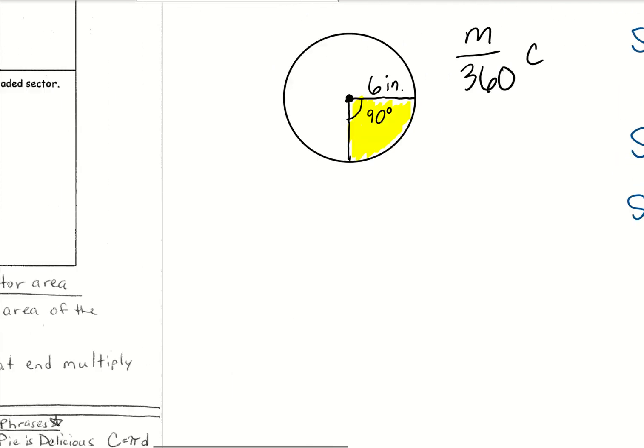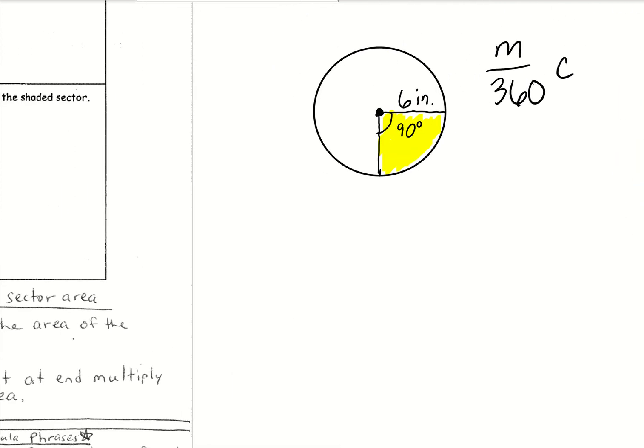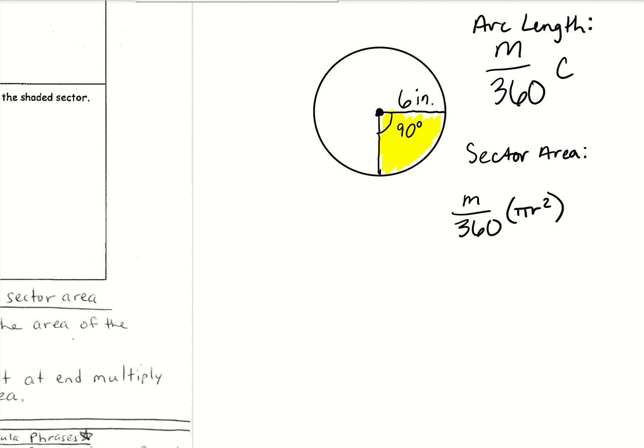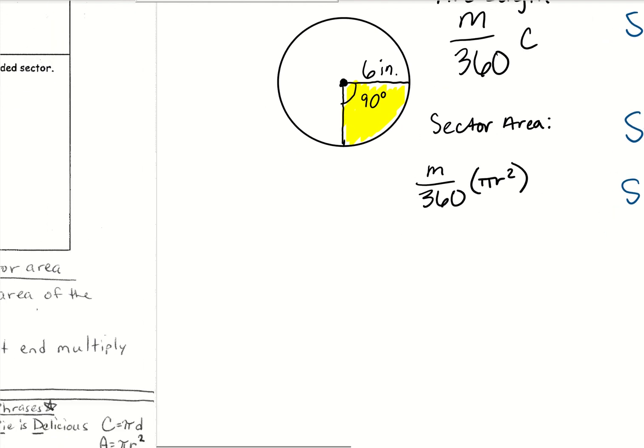I'm going to use this circle again, just like I did yesterday. But now we're going to find the area of the highlighted portion of this circle. So instead of using the formula for arc length, I'm going to use our new formula for sector area, which again we said was m over 360 times pi r squared.